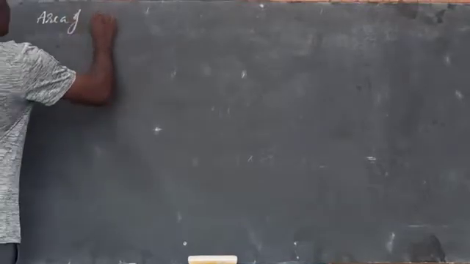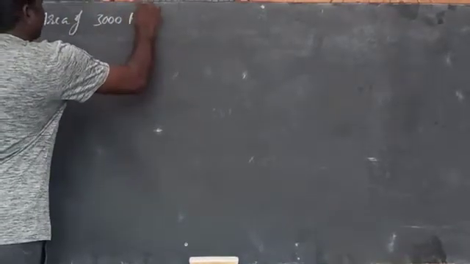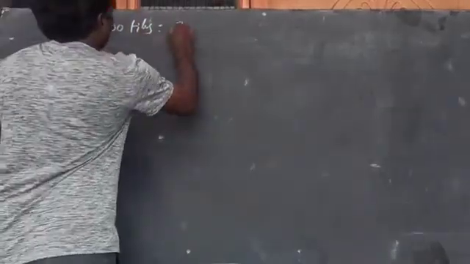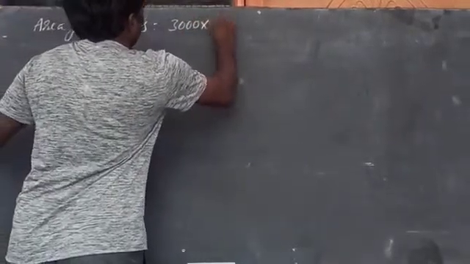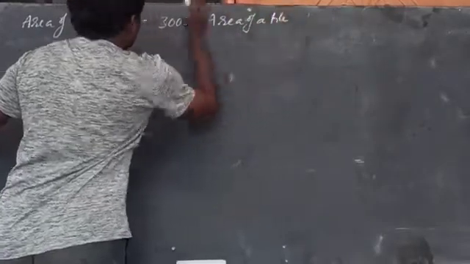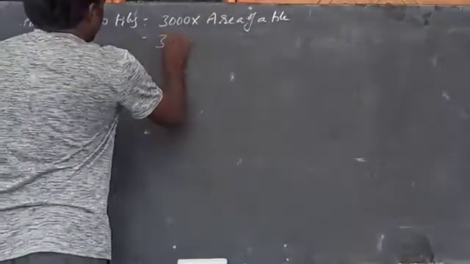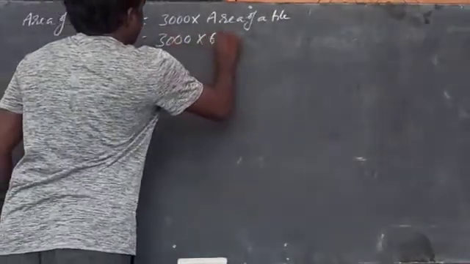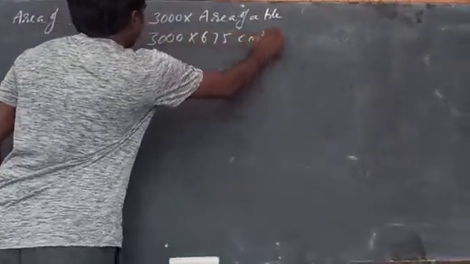Area of 3000 tiles is equal to 3000 into the area of a tile. The tile is in the shape of a rhombus, so that is 3000 into 675 centimeter square.